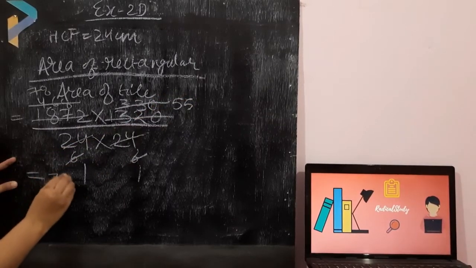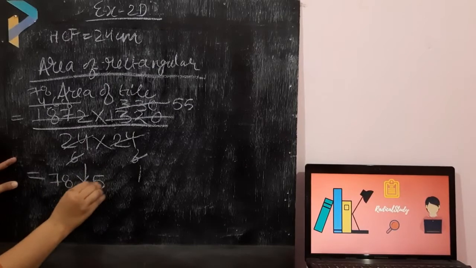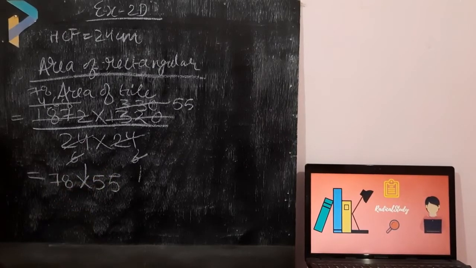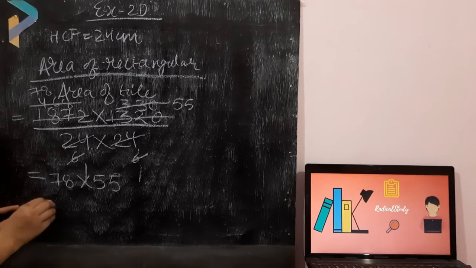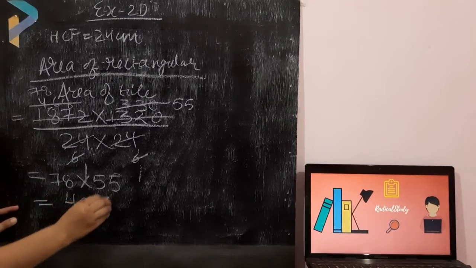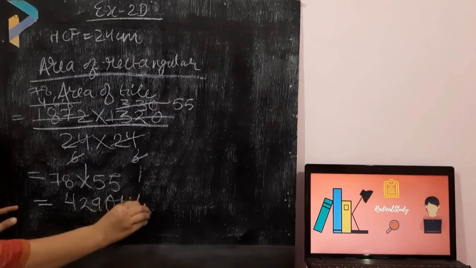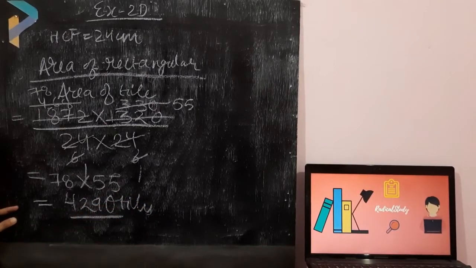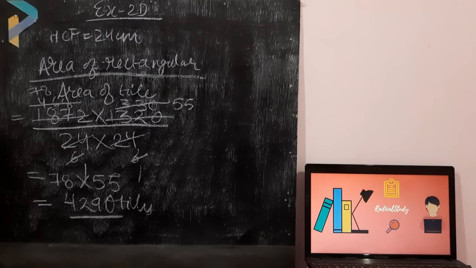Now what have we got over here? 78 multiplied by 55. What did we get in the end? 78 multiplied by 55. Now when we multiply it, we will get 4290 tiles. That means we will have to place this many tiles to cover the whole rectangular courtyard.